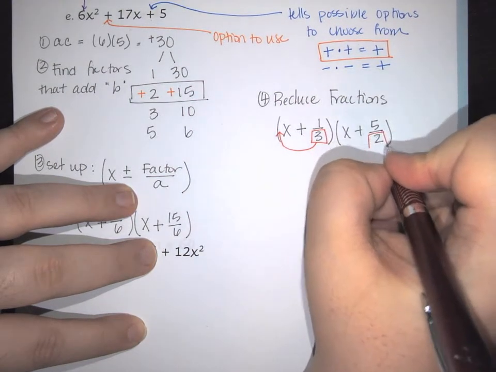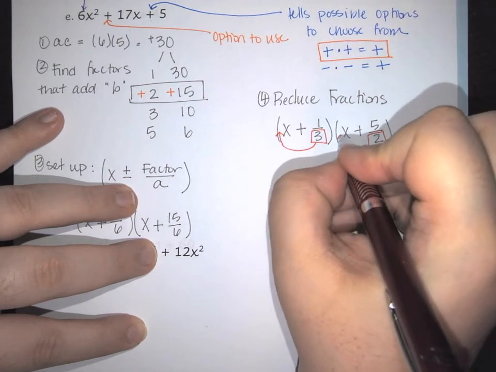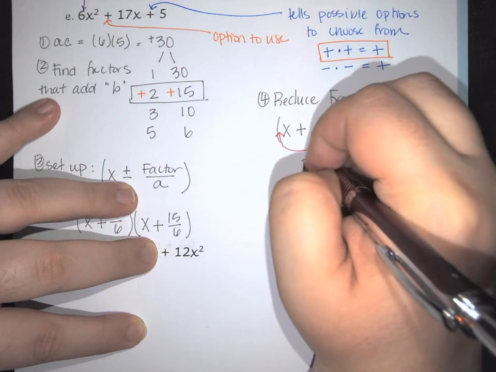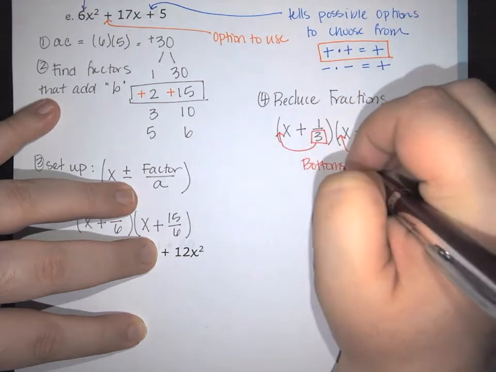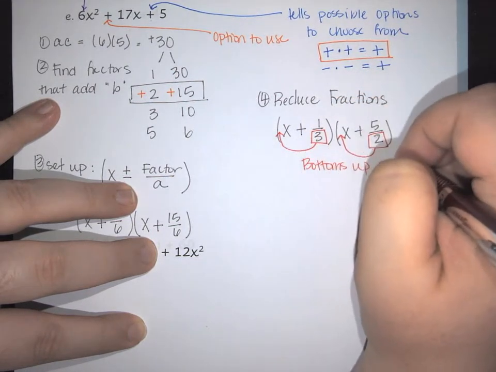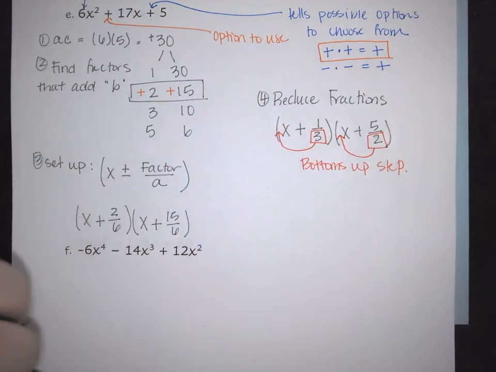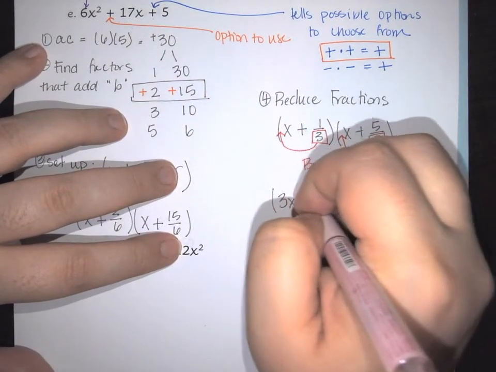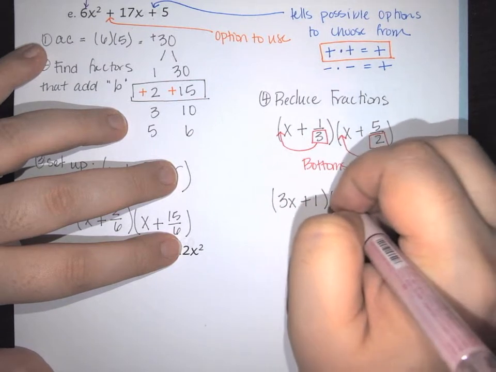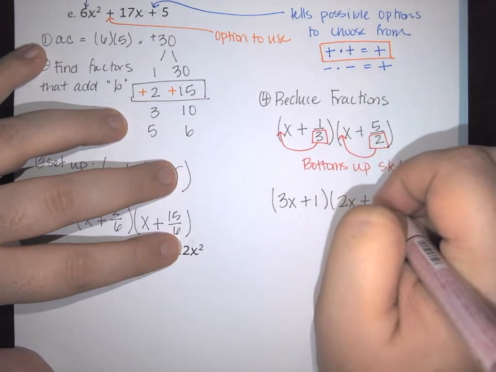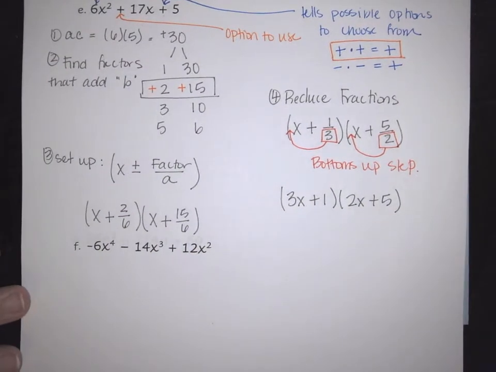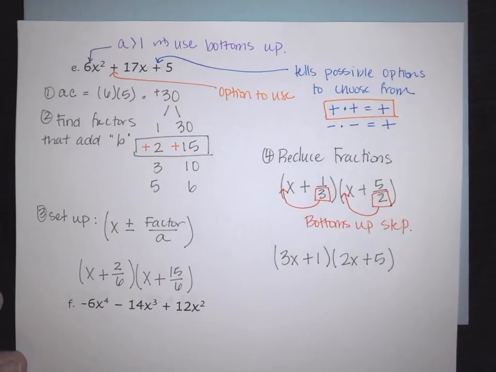So that means your factors are then going to become 3x plus 1 times 2x plus 5. And that is your factored form. Okay? So, bottoms up.